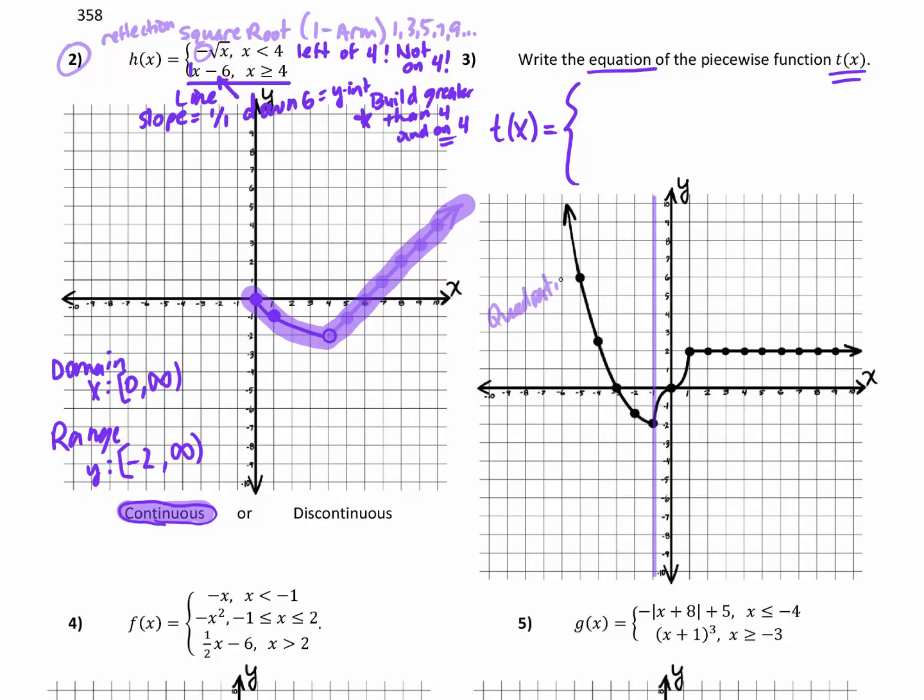Just looking at the spacing, you have to be careful because sometimes you can chop cubics in half and they still look kind of quadratic-y if you keep one half or the other. But the spacing is 0.5, 1.5, 2.5, that would be 3.5.